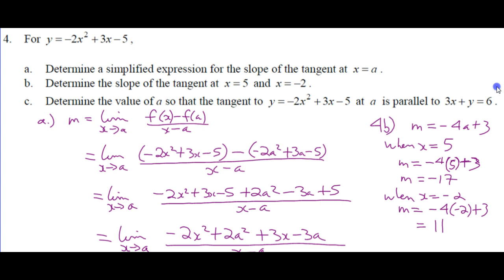So what do we want? We want it to be parallel. What information are we carrying over? We know the slope, which is m equals negative 4a plus 3. Parallel to 3x plus y equals 6.